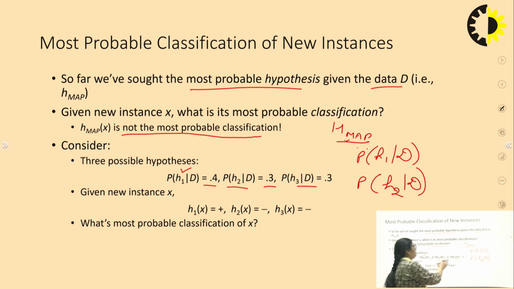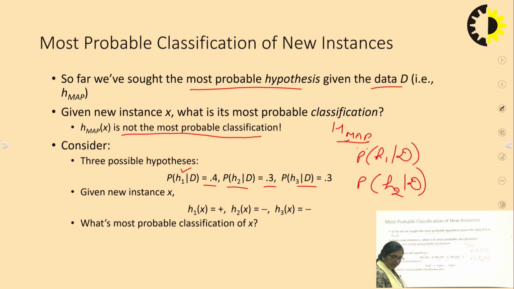And 0.3 plus 0.3 means 60% chances are that it doesn't belong to H1. So if this type of case is there, then H map is not the most probable classification, because only 40% is in favor and 60% is saying no. So it is not the most probable.